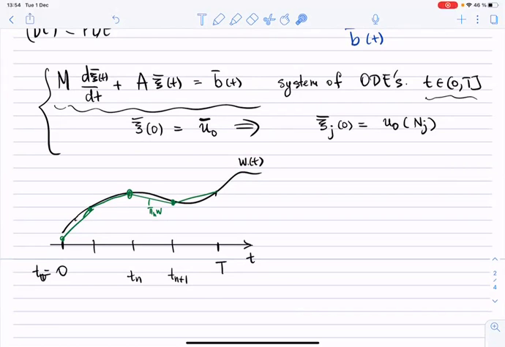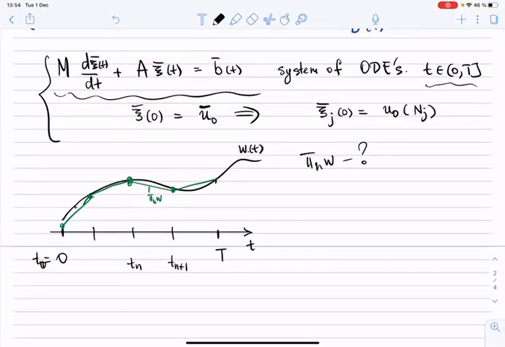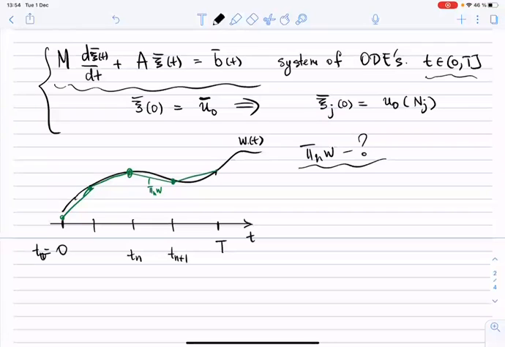So how to construct this interpolant now? So this pi_h, how to construct it? So this interpolant, of course, depends on time. How do you construct it? We just use the same idea we did in, I think, the first lecture. So we want to construct a linear interpolant.